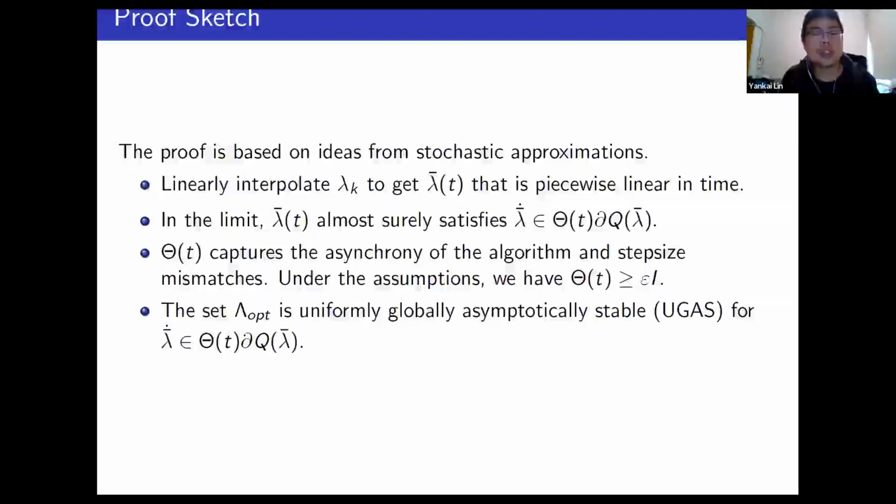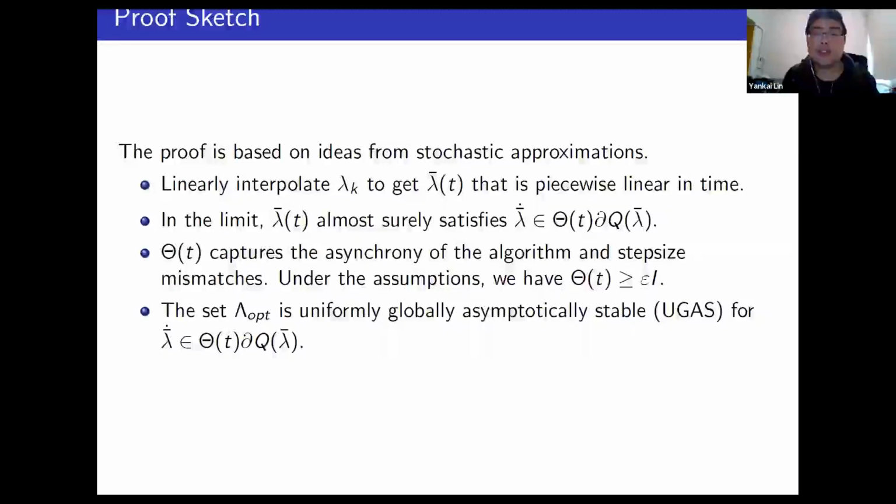So this matrix theta t captures the synchrony of the algorithm and the step size mismatches that I discussed before. For example, different agents may update using different frequencies, and this progress really depends on the step size at the current step of different components.